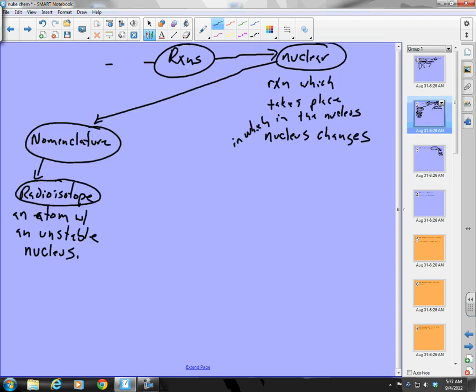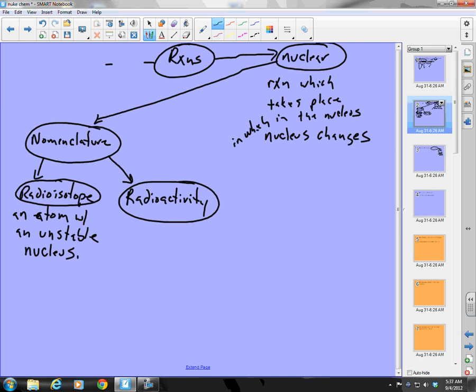Good. So now let's move on from radioisotope and learn a word that you have all heard before, and that is radioactivity. Good, radioactivity. Now, what is radioactivity?